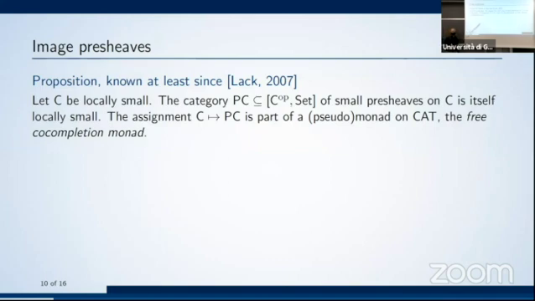It's really a 2-monad. We don't have size issues because we're taking small presheaves. Some people say that presheaves are the large co-completion, which is not really functorial in some sense. This one is, because we just want small colimits. So if you just restrict to small colimits, which are usually the ones you care about anyway, then nothing breaks, okay?